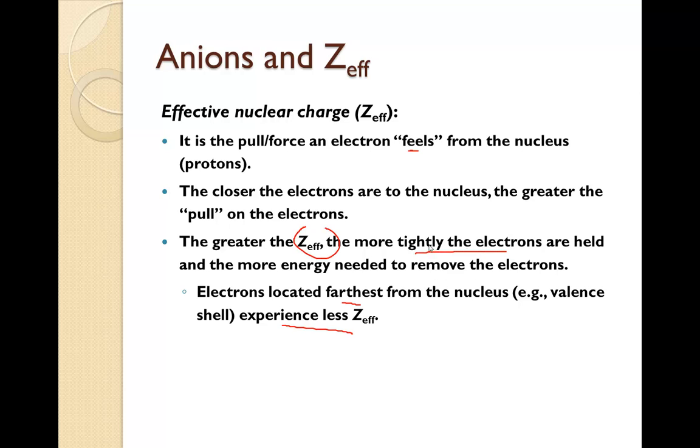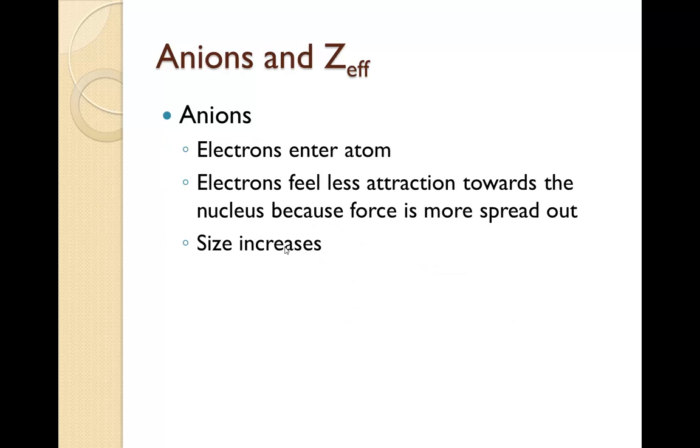So if we consequently add more electrons, they feel less of the attraction because it's more spread out amongst the electrons. There's more charge to go around. So therefore the size increases because the Z effective decreases in the process.